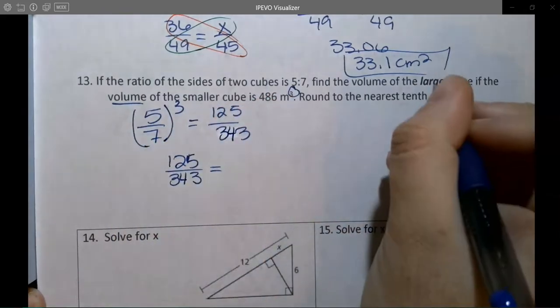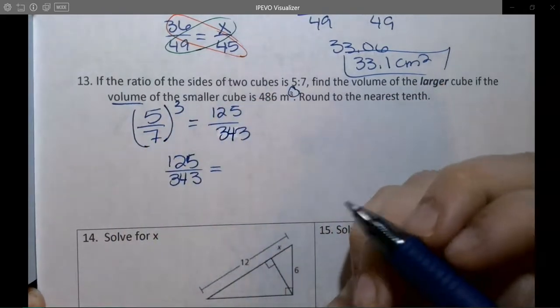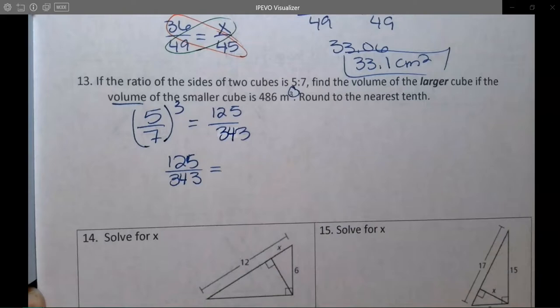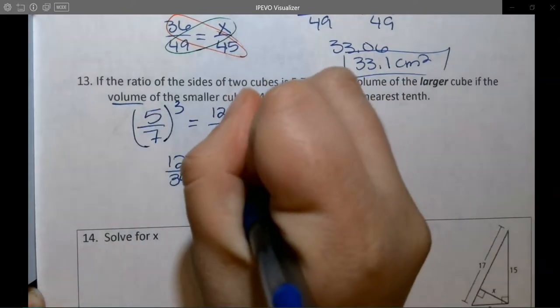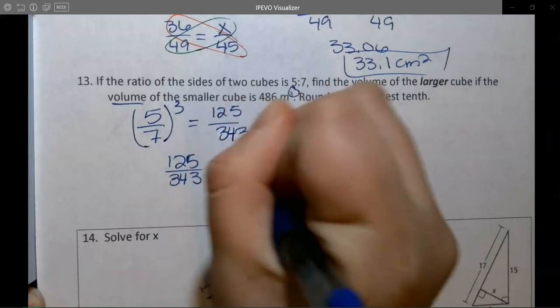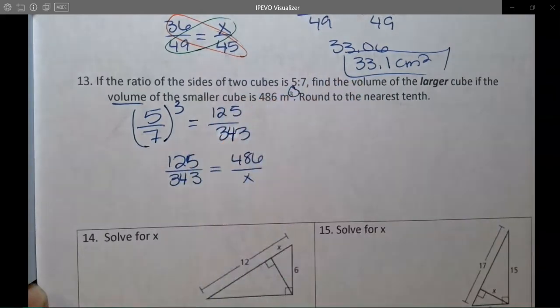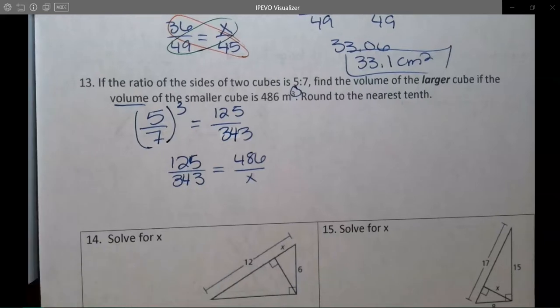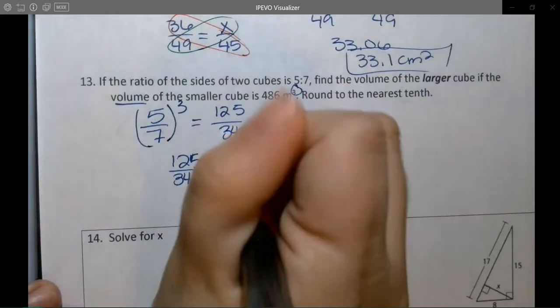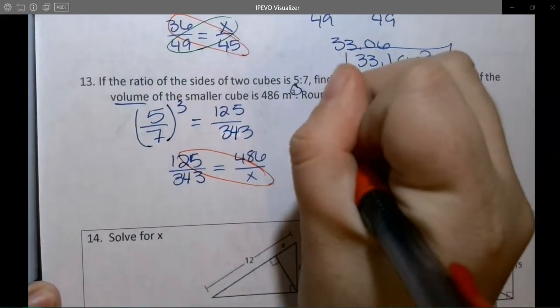Then it wants me to find the volume of the larger one. I know the smaller one is 486. So smaller was on top. Then I want to go ahead and cross multiply. I am going to have 125 times x.